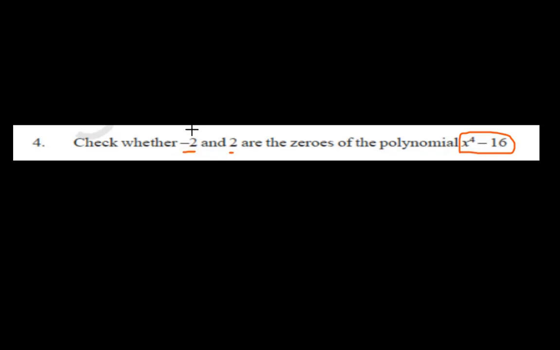Let us first verify whether minus 2 is a zero of this polynomial or not. So let us first verify whether minus 2 is a zero of the polynomial x power 4 minus 16. For this, let us write the given polynomial first and consider this polynomial as p of x.